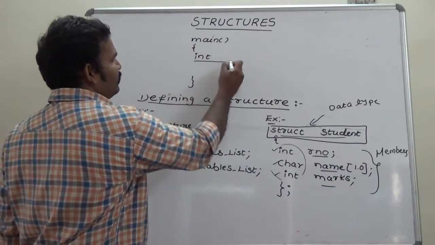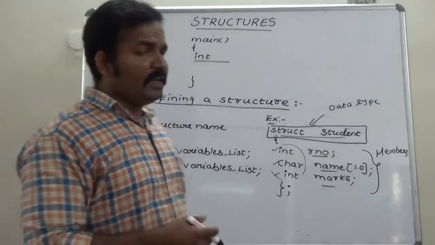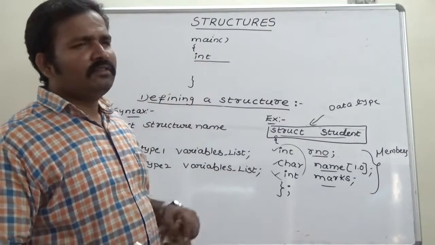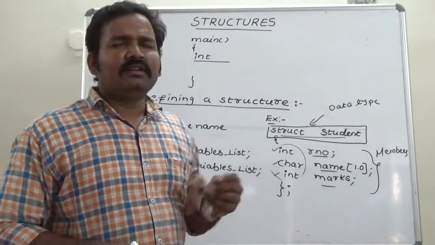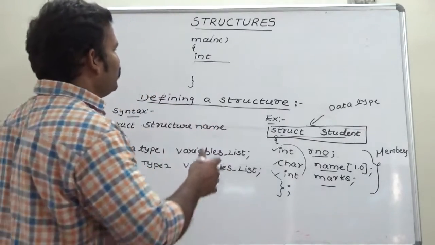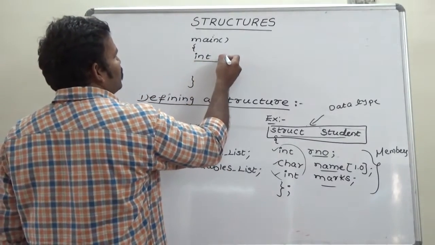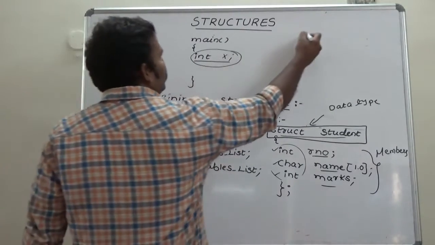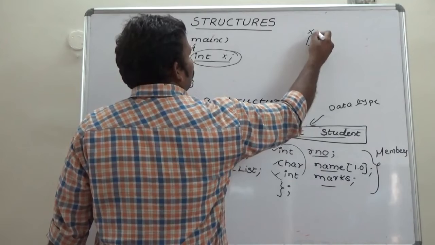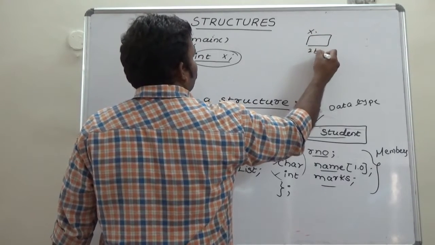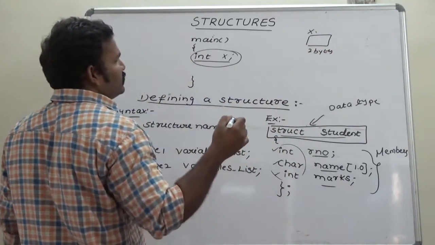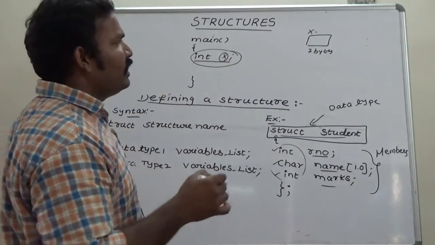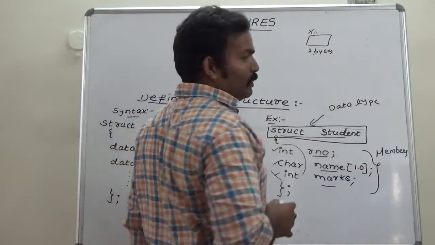There is no meaning, because here we are writing the data type only. After writing the data type, we compulsorily have to write a variable name, then only it gives meaning. Then only memory will be allocated for the X variable. How much memory is allocated? 2 bytes. When we declare the X variable like this, the C compiler allocates 2 bytes of memory for the X variable.